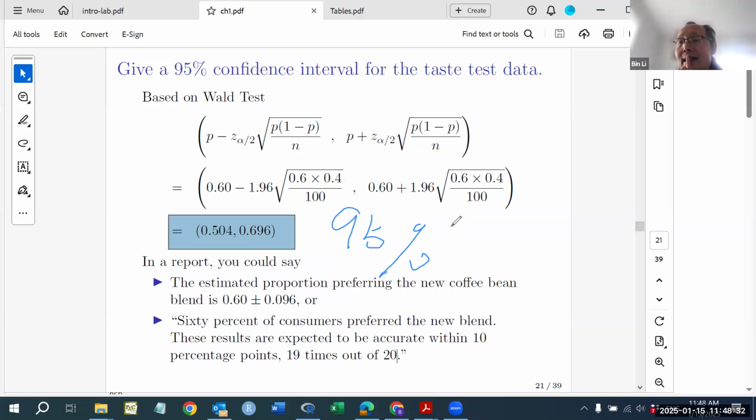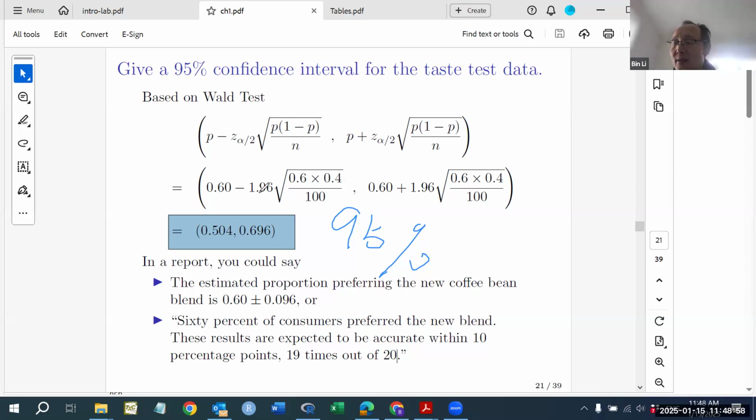In other words, if I resample the data many, many times, let's say 100 times, each time we can construct a confidence interval based on the data. We have 100 data sets, so we have 100 confidence intervals.